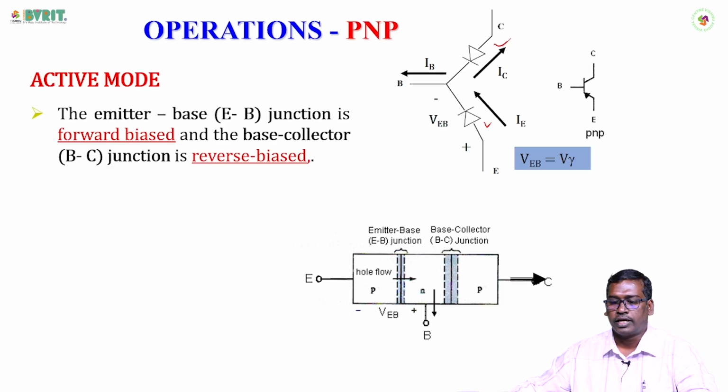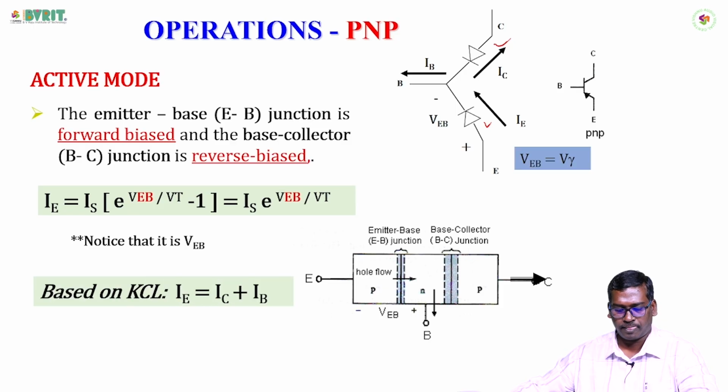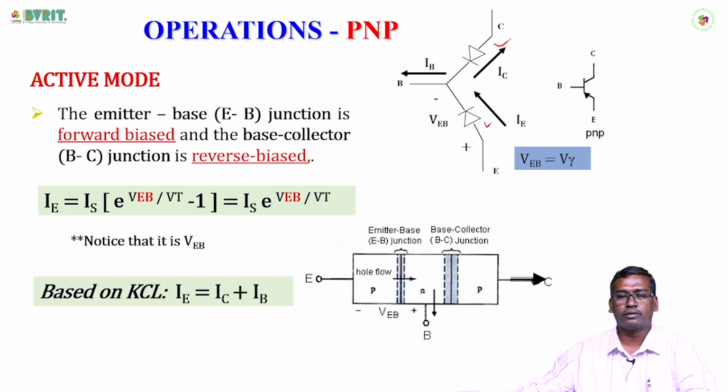Two P's are connected together with an N to form a PNP, right? And here also you can see the current equations as already we discussed, just I am going through it. Here we notice VEB instead of VBE. The same relations you can see. These are very important.